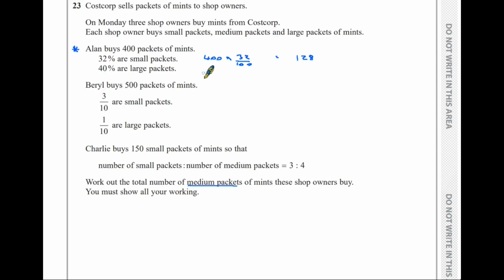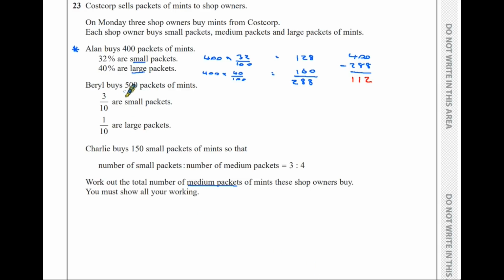Large packets 40%, so that will be 400 times 40 over 100, and that means that the large packets are 160. If we add those together, we will get 288. Take that away, because these are the small and large packets, take that away from 400 and that must leave you with the number of medium packets. So medium is 112. That is our first total.